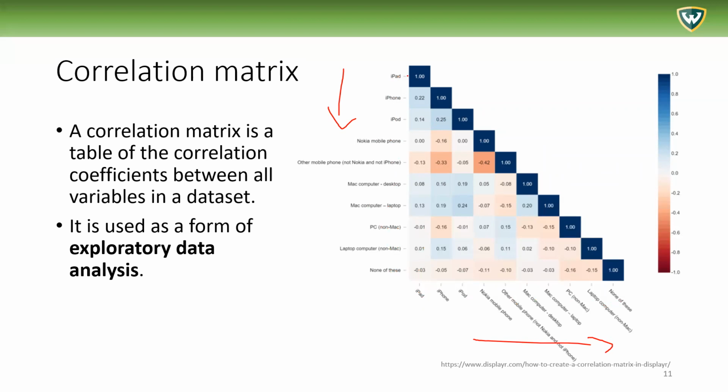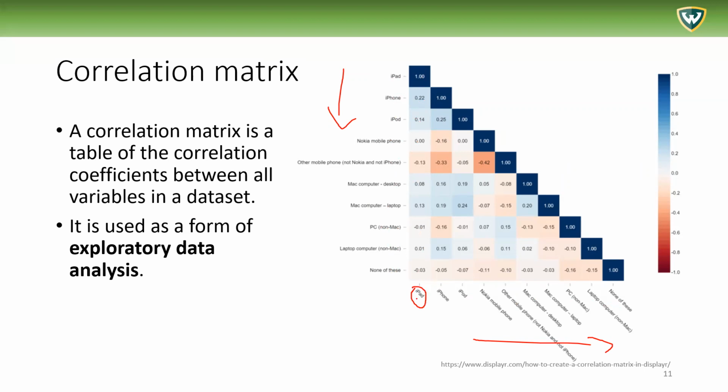So the way people respond to surveys on iPads is perfectly correlated with the way people respond to surveys on iPad. That's why it's 1 here. But iPad and iPhone is mildly correlated, 0.22.